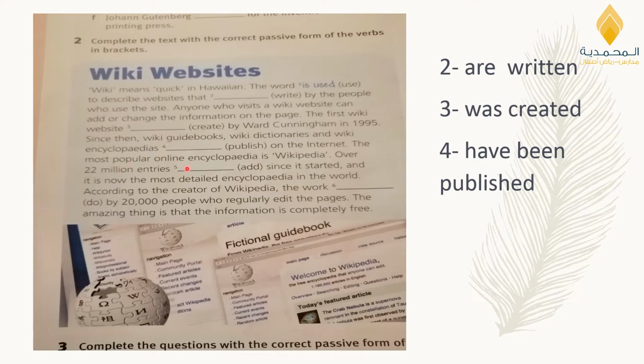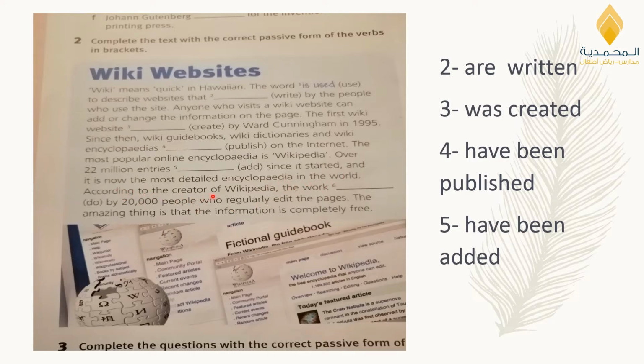The most popular online encyclopedia is Wikipedia. Over 22 million entries have been added since it started. So again, here we have "since." So the correct form is have been added, and it is now the most detailed encyclopedia in the world.